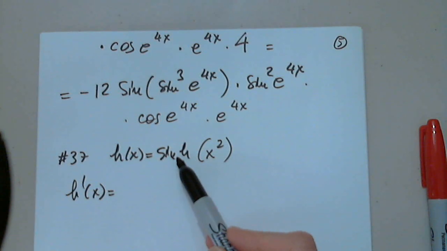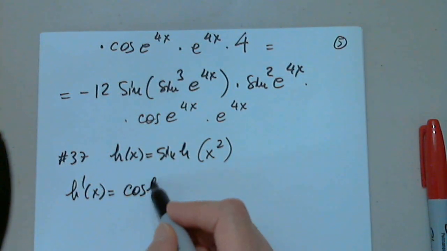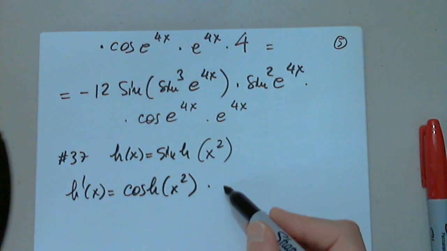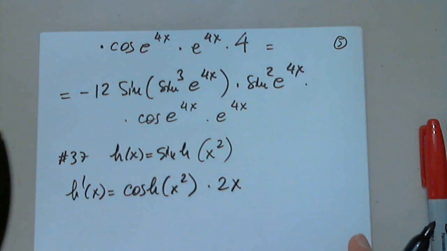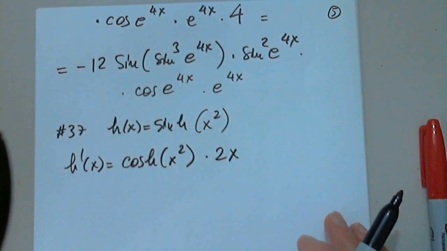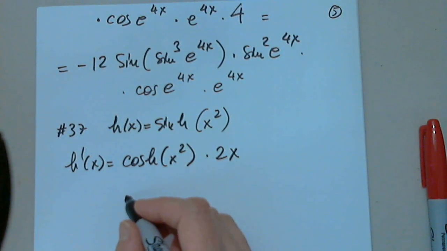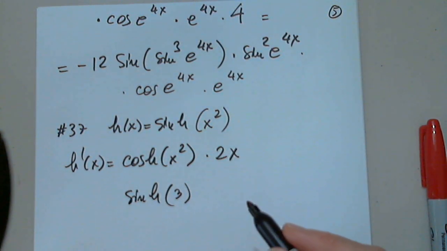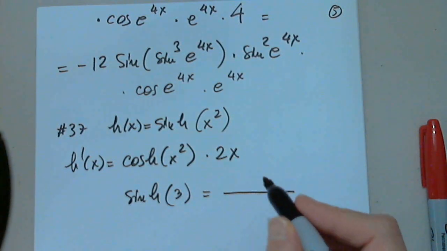So we differentiate the hyperbolic sine, which is hyperbolic cosine of x squared, times the inner function prime, which is 2x.